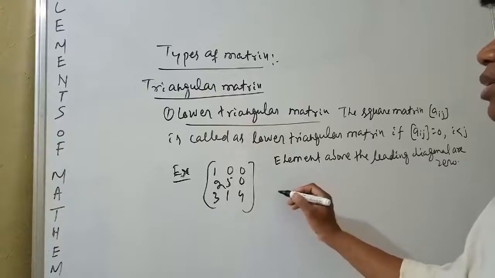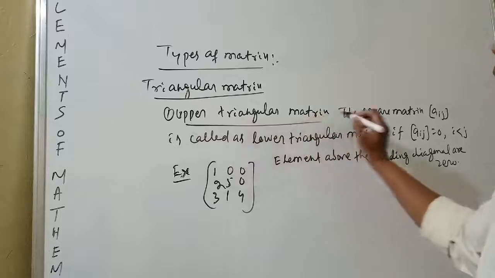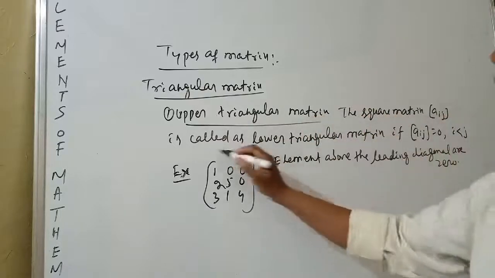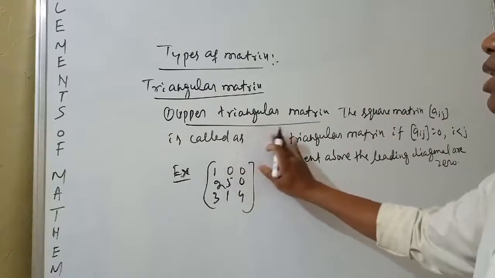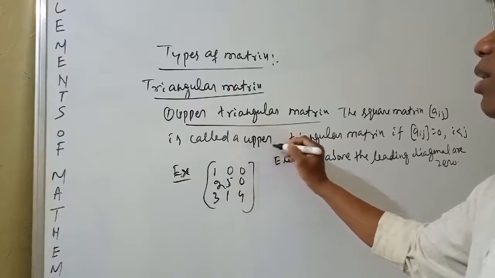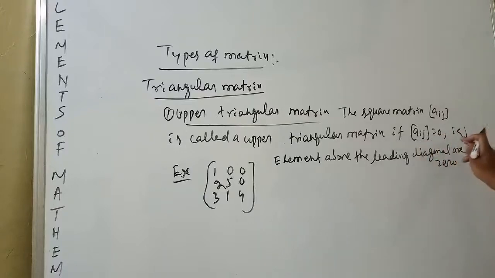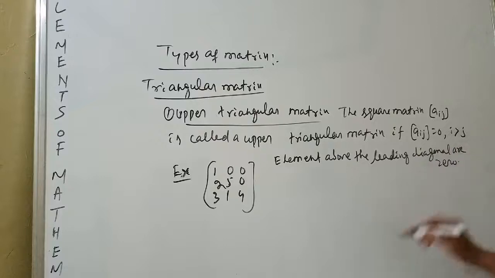Now the upper triangular matrix. The square matrix Aij is called an upper triangular matrix if Aij is equal to 0 for i greater than j.